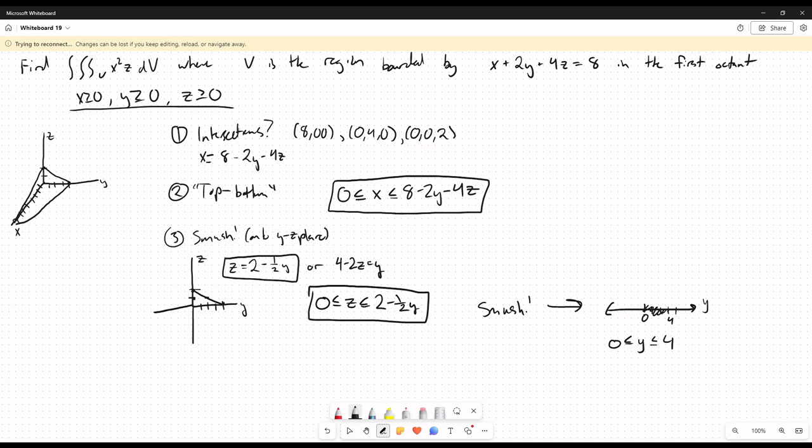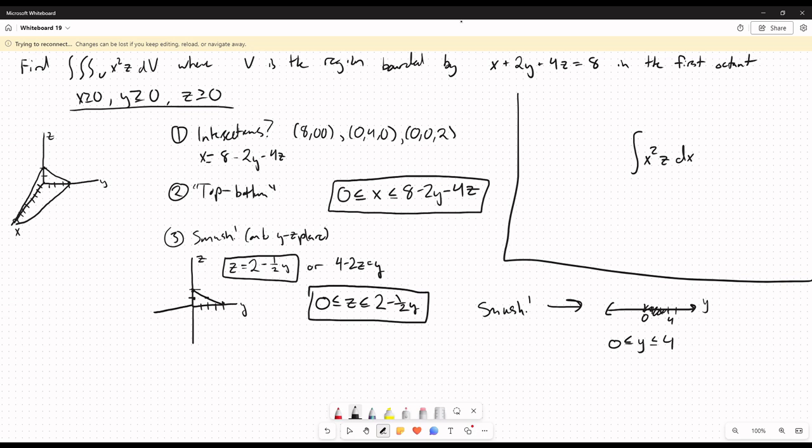So when I go and set up my triple integral, we're once again going to start from the first thing we did and then work our way from the inside out. My integrand was x squared z, and I decided to start integrating with respect to x. Honestly, not a great idea. Probably I wanted to start with respect to y. We could have if we had just thought of this slightly differently. But we didn't.